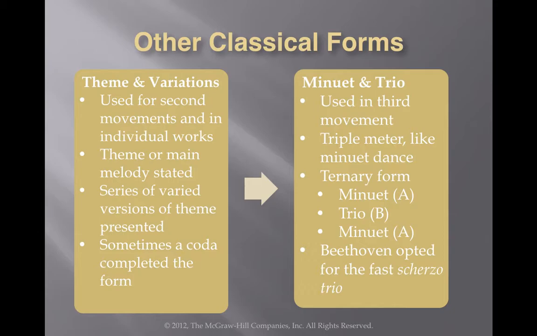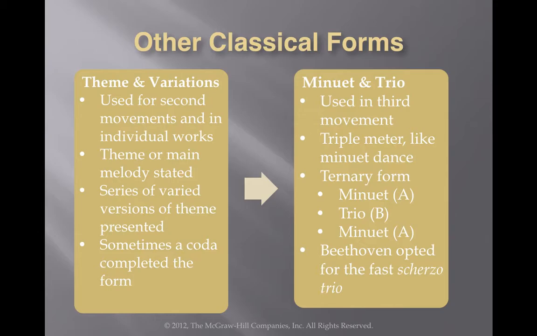A very simple form where a theme is presented to the listener, and then that theme is repeated, stated in a variety of ways as the composer changes the versions of the theme that is presented. Once several variations of the theme have been played, a coda, or an ending section of the music, is presented to complete the piece.